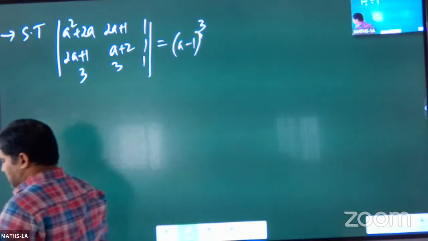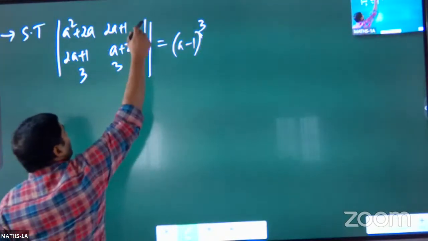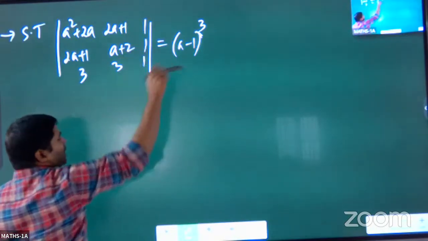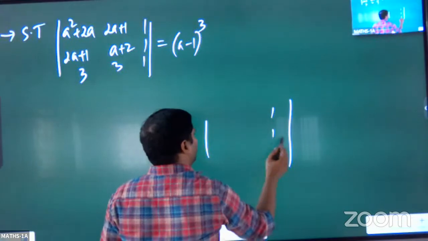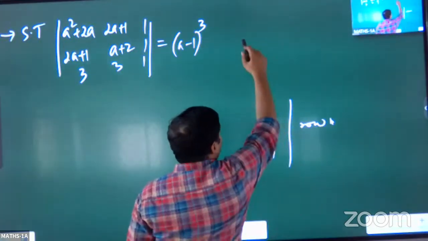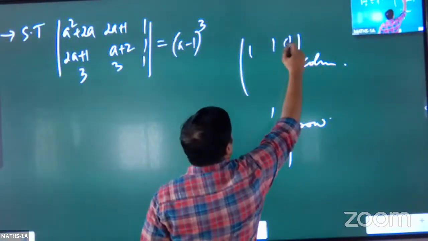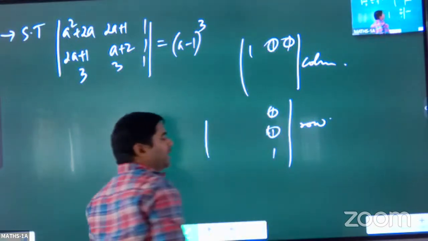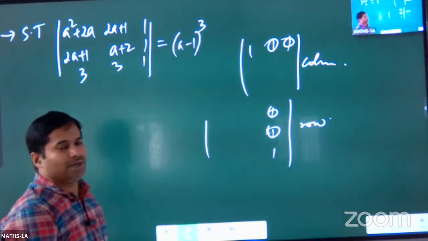In yesterday's class, I said, whenever I'm having ones in a column, anywhere, any column, please apply row operations. If ones are in a row, please apply column operations to make 2 of them 0, so that you can easily expand your determinant.